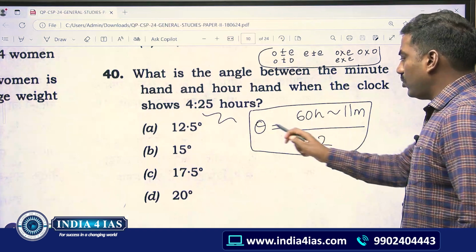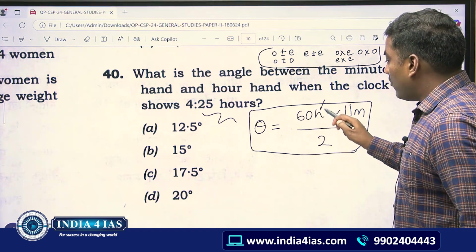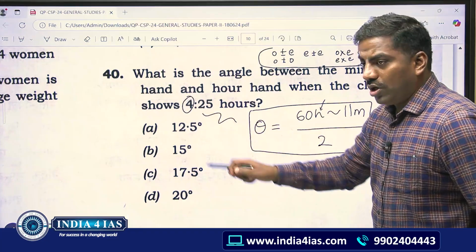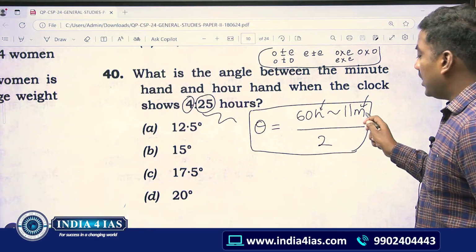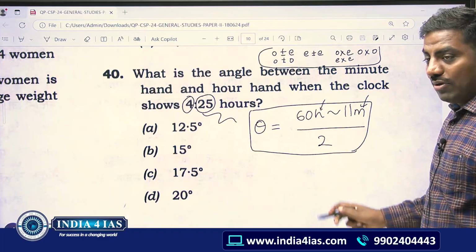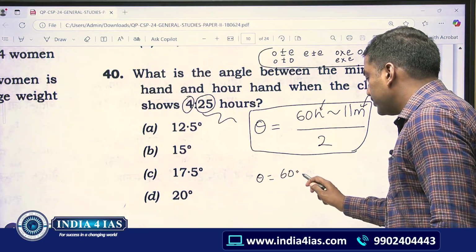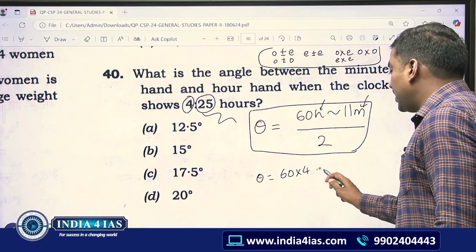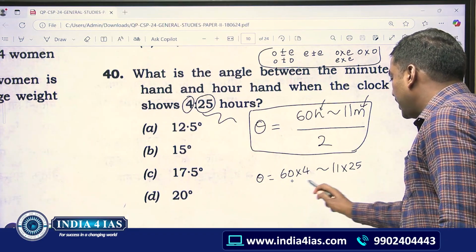So whenever you want an angle, substitute the value of hour, here hour is 4 and here minutes is 25. If you substitute 25 here and 4 here, you will get the answer. So theta is equal to 60 into 4, minus 11 into minutes, 25, divided by 2.